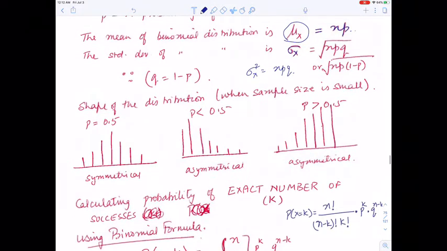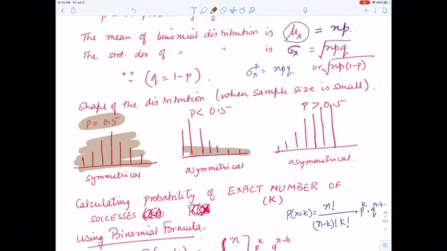So that is simple. Now what does this distribution look like? This distribution is not always symmetrical. It is symmetrical only when probability of success in each trial is 0.5. If it is less than 0.5, it is skewed to the right. If it is greater than 0.5, it is skewed to the left. And you notice that it is not a shaded area like we had in normal distribution. Instead, these are discrete bars, right?